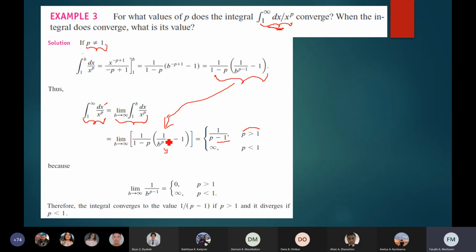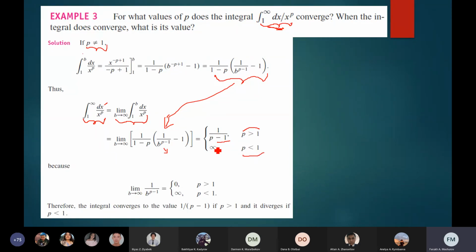So the limit, since this one is 0, leaves minus 1, and if we multiply by minus 1, we just change the places of 1 and minus p. So if p is more than 1, we get this limit.